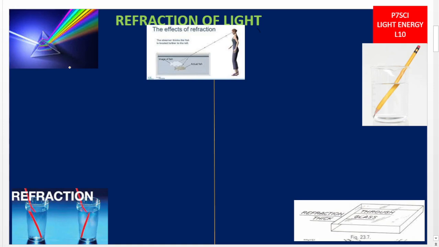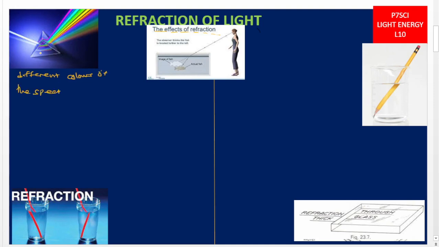All right, in here we are going to look at effects of refraction, the things caused by refraction. One, refraction of light can produce different colors of the spectrum, as you are seeing here.